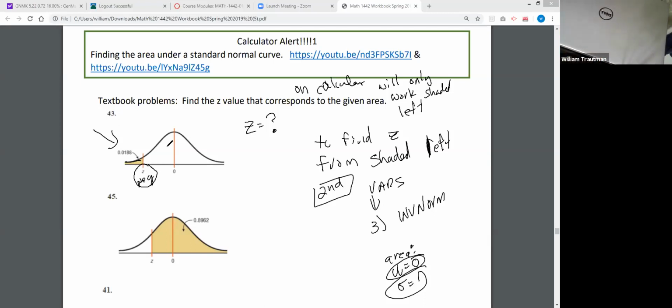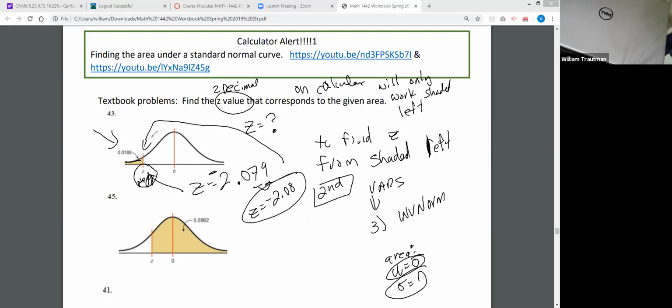The z value at this point is z equals negative 2.079. Areas under the curve are 4 decimal places. Z values are always 2 decimal places. So this z value is negative 2.08.